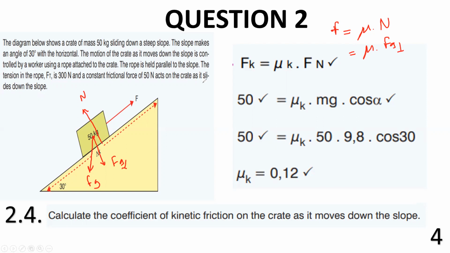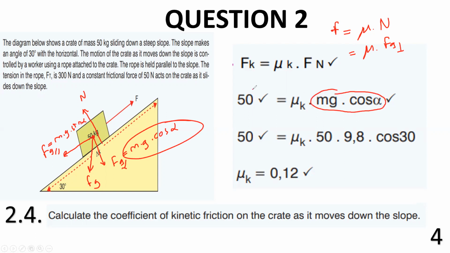And what we know about Fg perpendicular is that it is equal to m times g times cos alpha. Do you remember? For the parallel one, Fg parallel was m times g times sine alpha. Now cos alpha. So we are using mg cos alpha. Normal force is equal to Fg perpendicular, which is equal to m times g cos alpha.